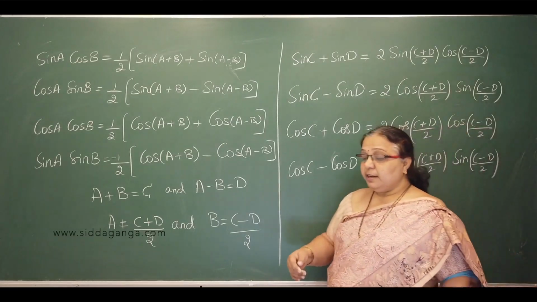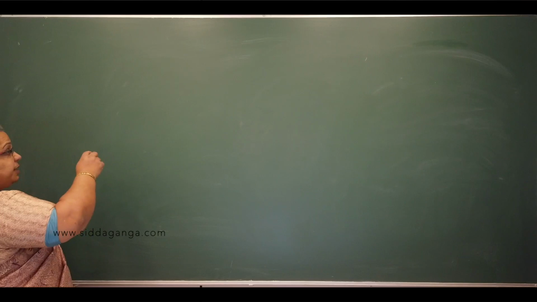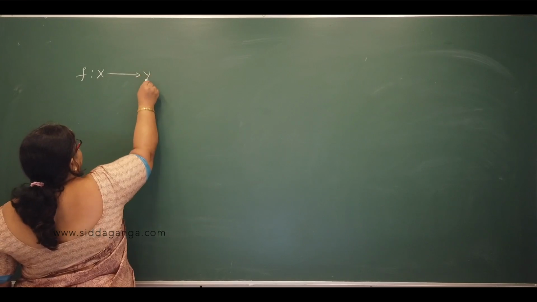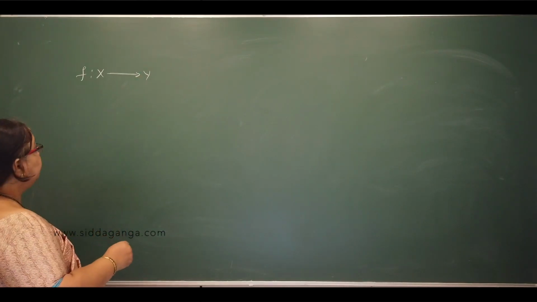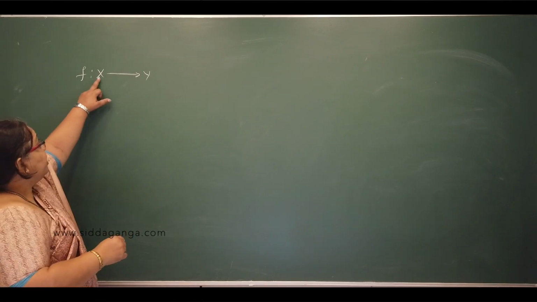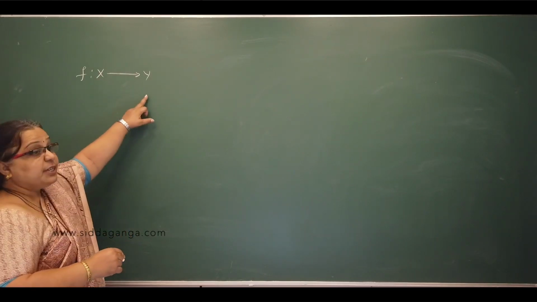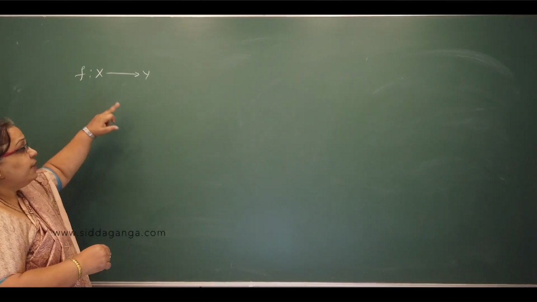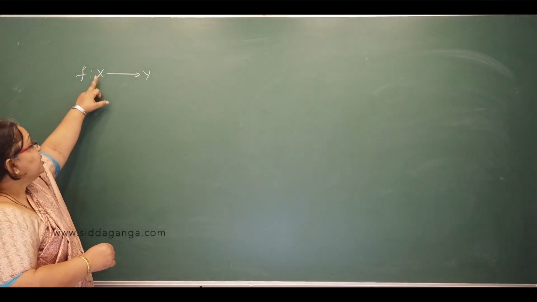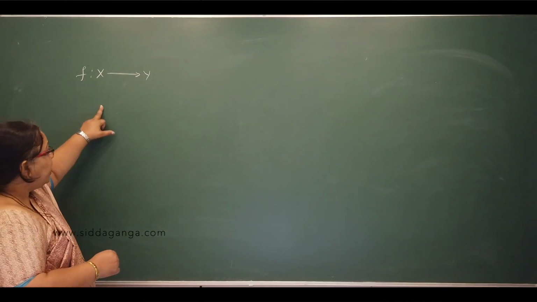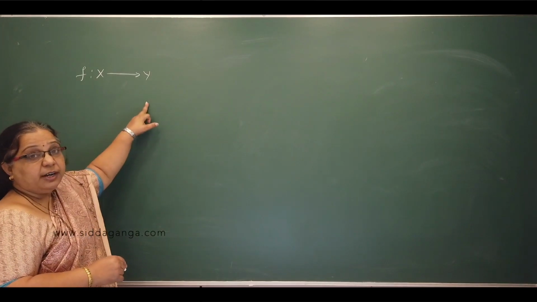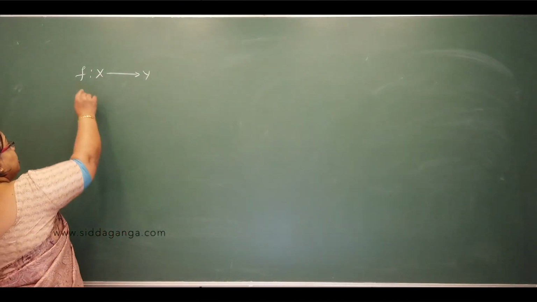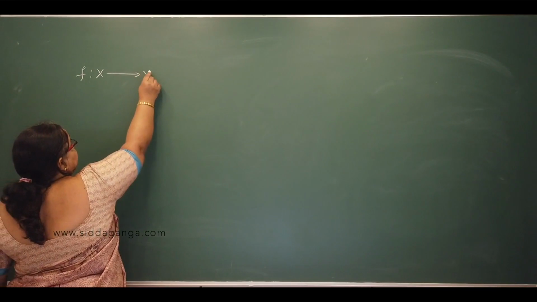A function f from X to Y is said to be one-one if distinct elements in the domain have distinct images in its codomain. Distinct elements in the domain should have different images in the codomain. Then we call that function a one-one function.